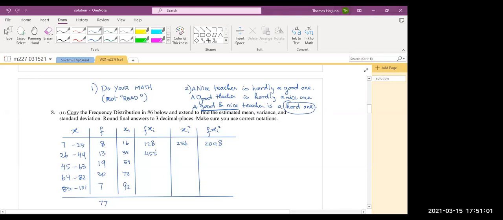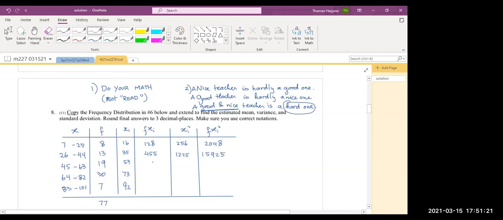And then 35 squared is 1225 times 13. You do this together with me. Don't just look at what I do. You try to do it also. Okay, because in 2 days you will do it on your own.